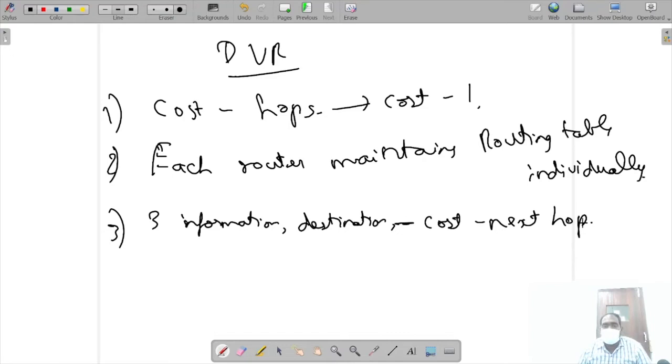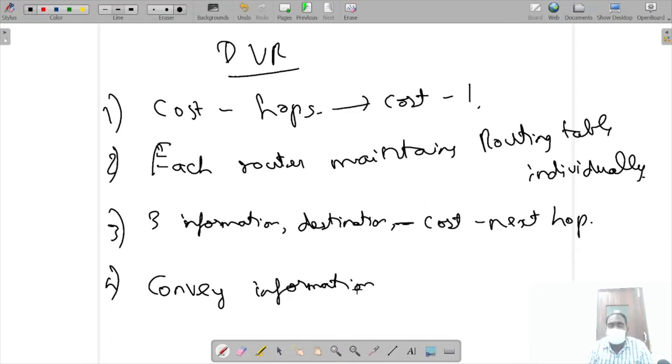All right, so these things we should take care of when we are using the Bellman Ford algorithm for DVR. Also, one more thing is, as soon as we find a shorter route, we should convey that information to our neighboring routers so that they can also update their routing tables for a more efficient transmission.